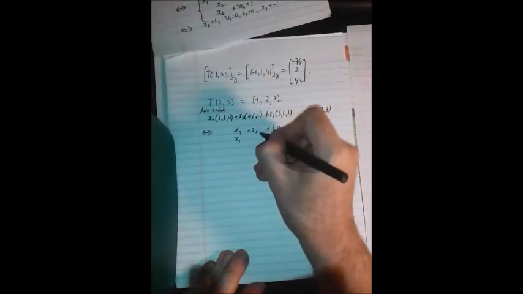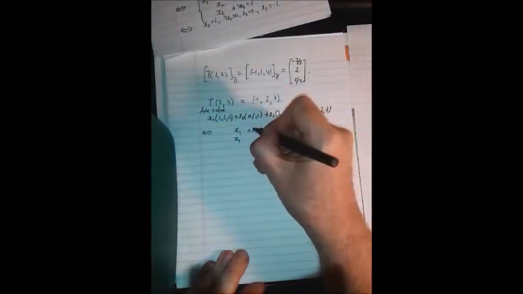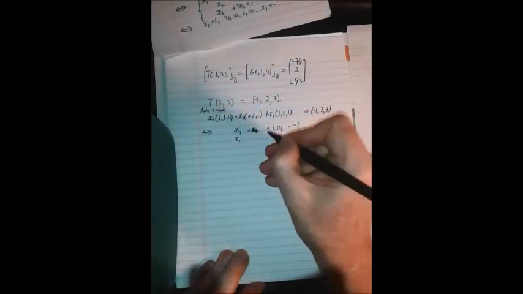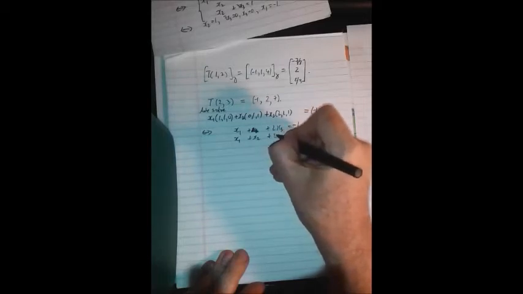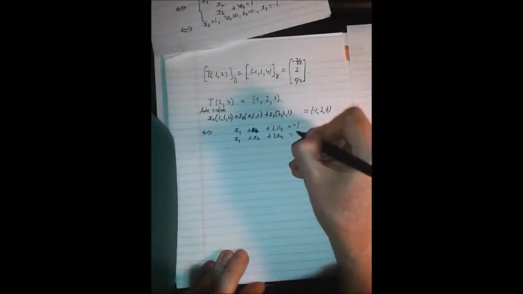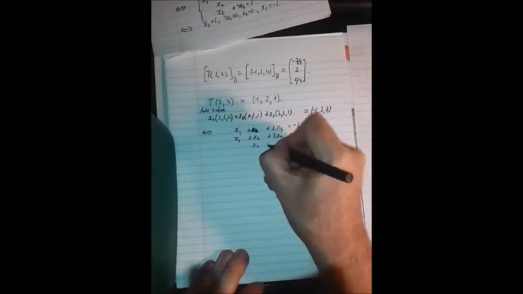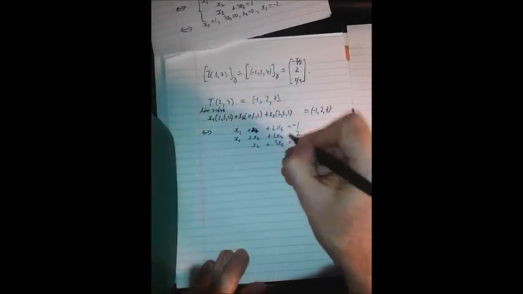Oops, that first equation is wrong, there's no x2 there. In the second component we have x1 plus x2 plus 2x3 equals 2, and in the last component we have x2 plus 3x3 equals 7.